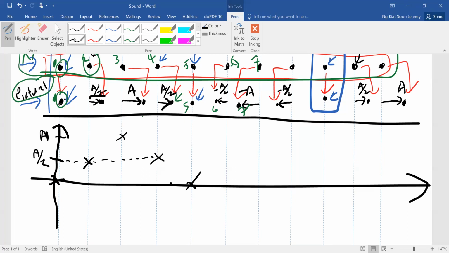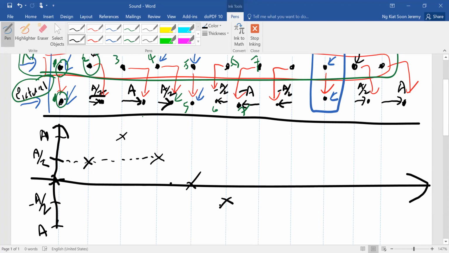If right is positive, what is left? Left must be negative. Because my positive convention is right, any particle that moves left must be taken as negative. And that's why this is a minus A over 2 value, and of course I have A somewhere here. So the minus A over 2 value is here.